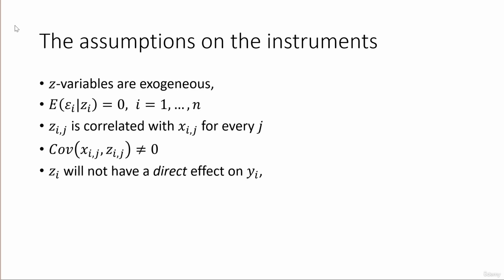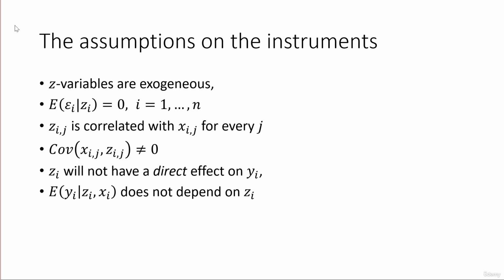Then we allow it, but if the z variable is different from the x variable, then it should not be included in the original regression model. So we can view that simply as the conditional expectation of the y variable. If I know all the z variables and the x variables, this will not depend on the instruments at all.